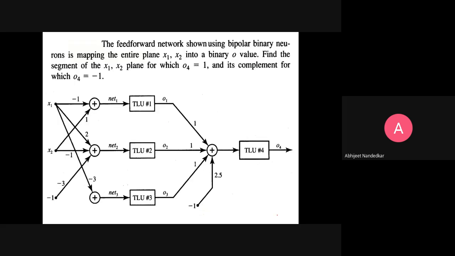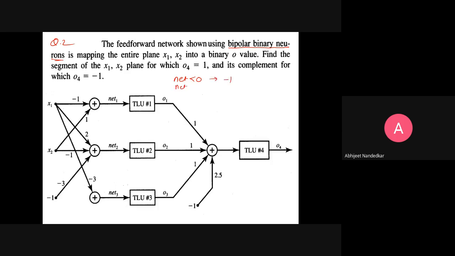Okay, so the next problem is problem 2. The feed-forward network shown uses bipolar binary neurons. So here the neurons are bipolar binary, so outputs are +1 or -1 depending on the net sign. If net is less than 0, it will produce -1.